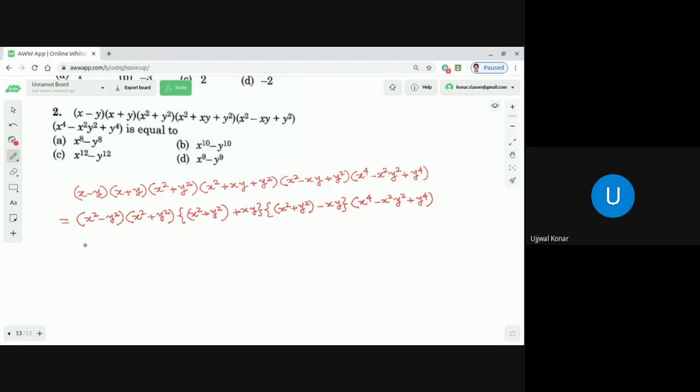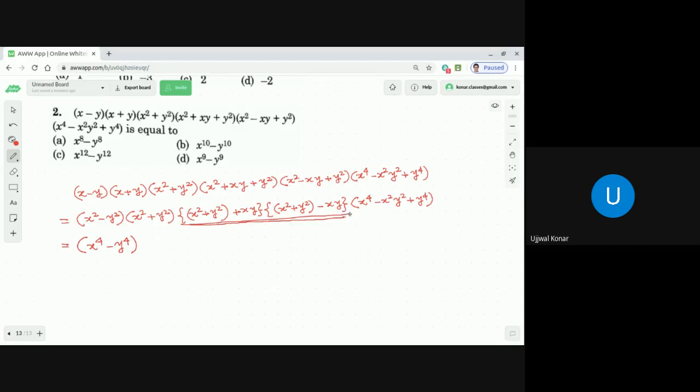Then what are we going to get here, dear students? x square minus y square and x square plus y square, we can multiply together and apply the formula of a plus b into a minus b. What are we going to get? a square minus b square. Correct, dear students? So we get x power 4 minus y power 4 into, now look at this, x square plus y square plus xy and x square plus y square minus xy.